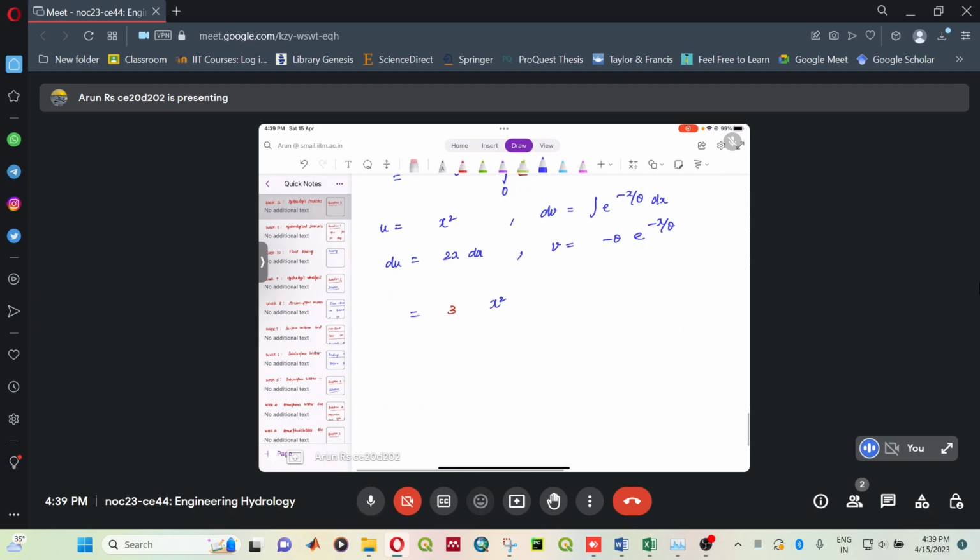So that will be x square into e power minus x by theta, and this is evaluated over the limit of 0 to infinity minus integral v dv.